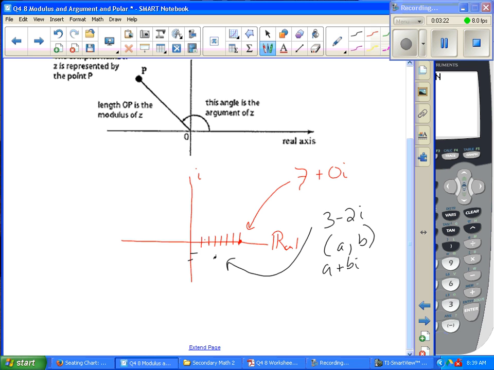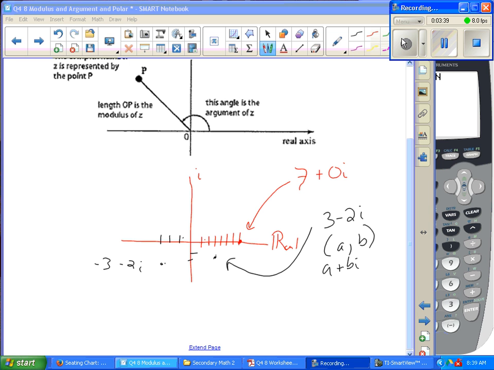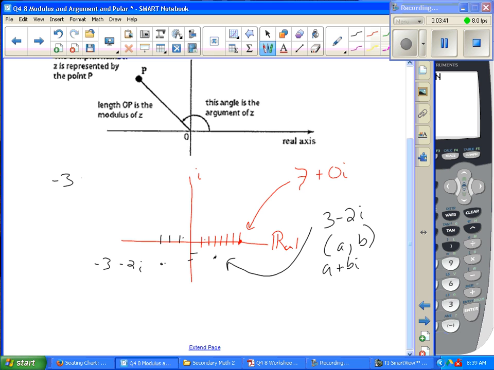You can think of the real part like the x value, the b part like the y value. If I wanted to graph negative 3 minus 2i, I would go left 1, 2, 3, down 2. And if I wanted to graph negative 3 plus 4i, I would go left 3 and up 4.